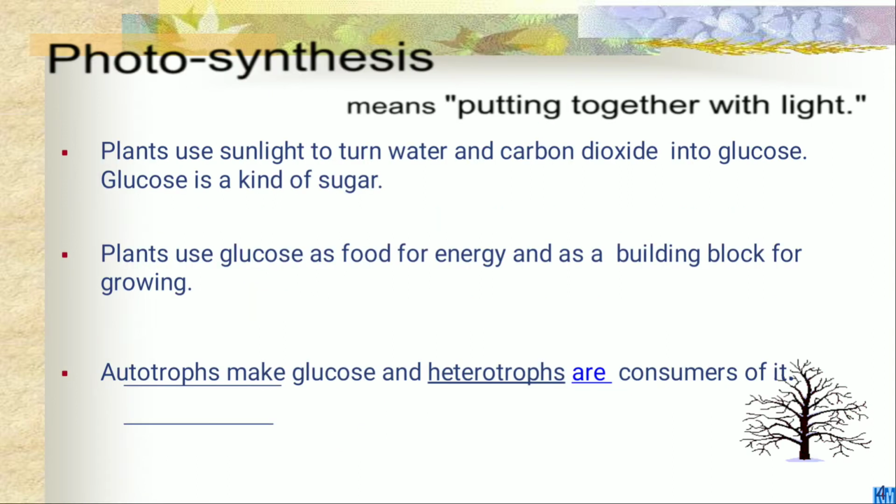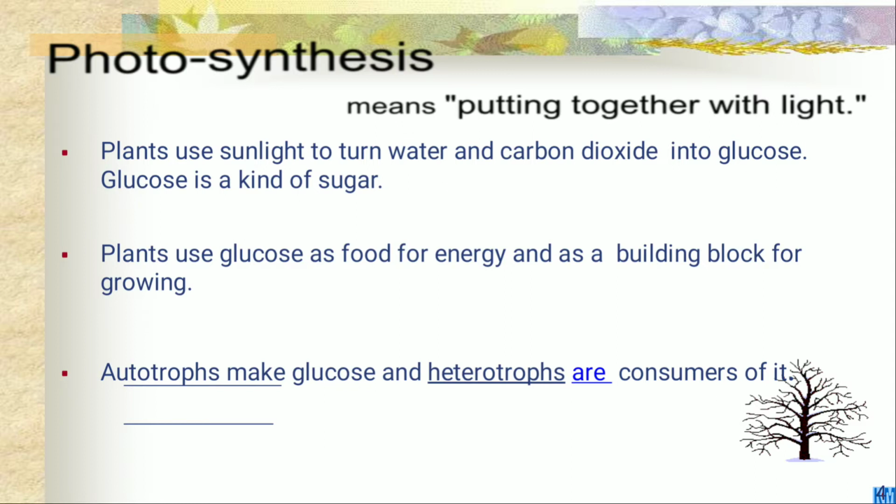Then, photosynthesis means putting together with light. Photo means light, synthesis means putting together with light. Plants use sunlight to turn water and carbon dioxide into glucose, and glucose is a kind of sugar. This process is called photosynthesis.